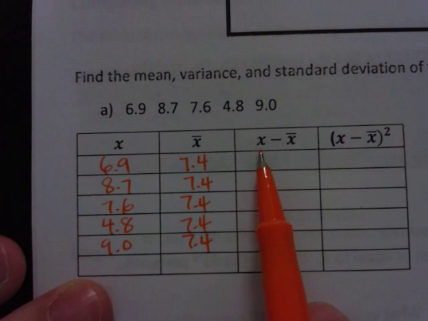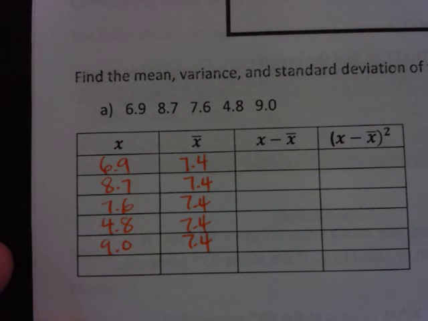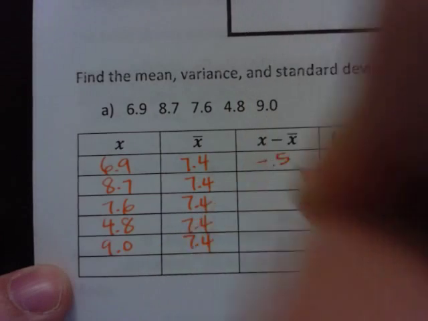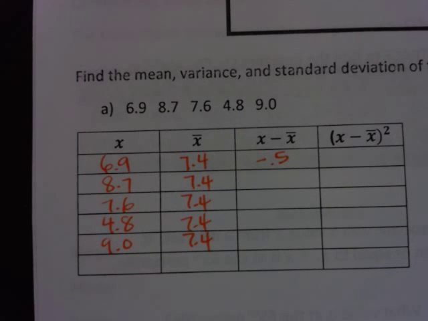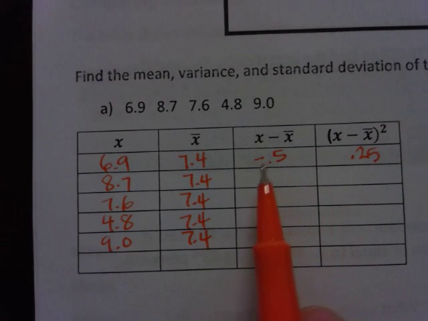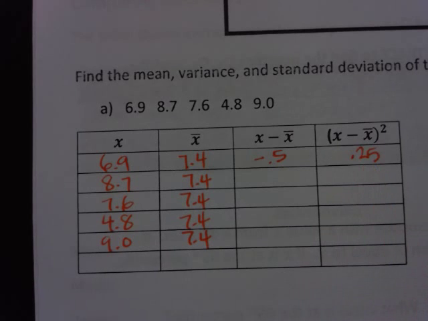Okay, so now what we're going to do. This right here means I have to take my x value and subtract the average. So 6.9 subtract 7.4 is negative 0.5. And while we're here, we can square that and get 0.25. I really don't care if it's negative or positive, because when I square it, they're all going to be positive.